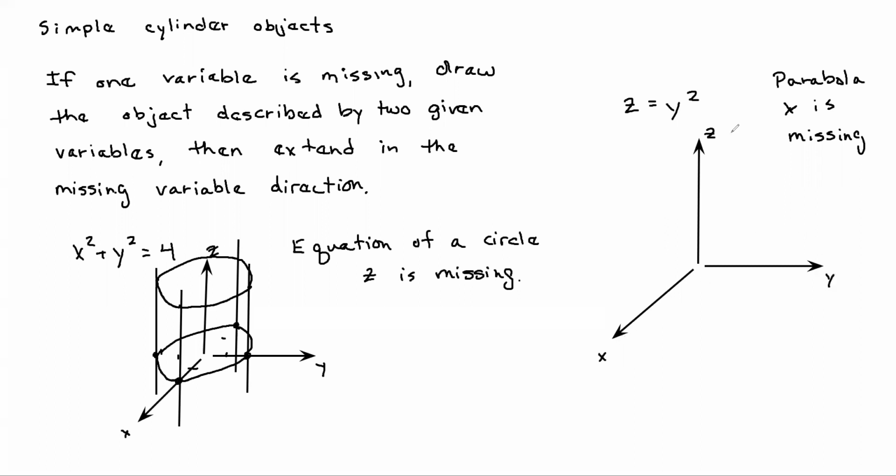Okay, so you say, what about x? But just ignore it. We're going to extend our object in the x direction at the end. So just pick some y values to plug in and then find the corresponding z values. So if we plugged in 0 for y, we would get 0 for z. If we plugged in 1 for y, we would get 1 for z. And if we plugged in 2, we would get 4.